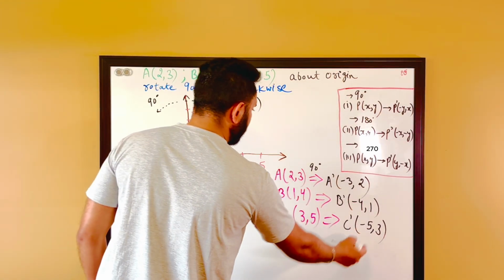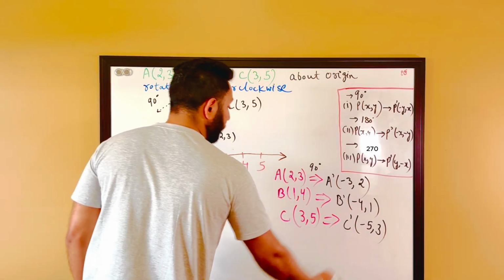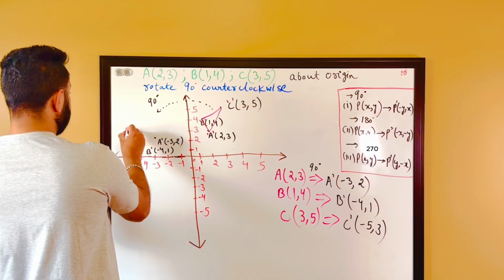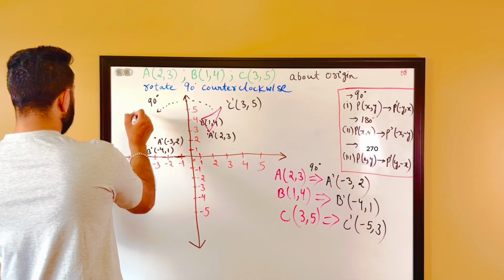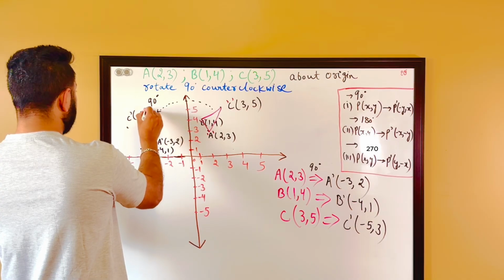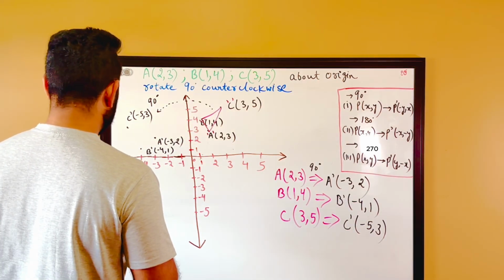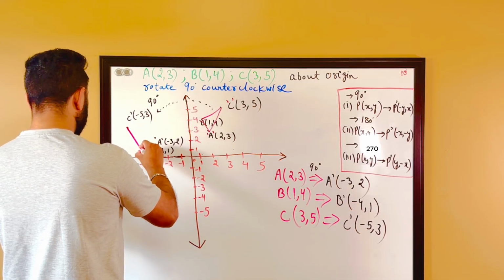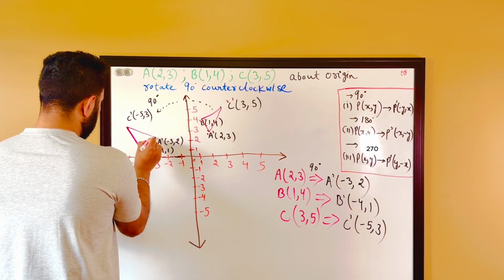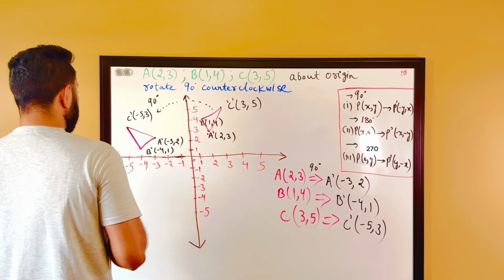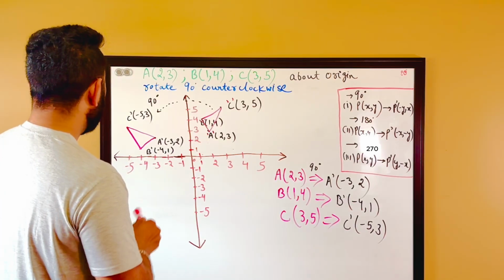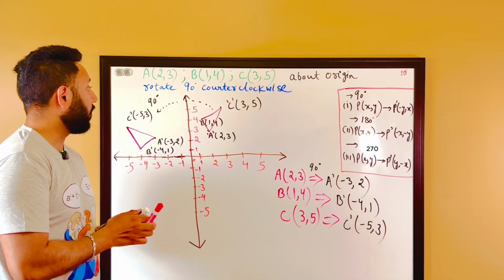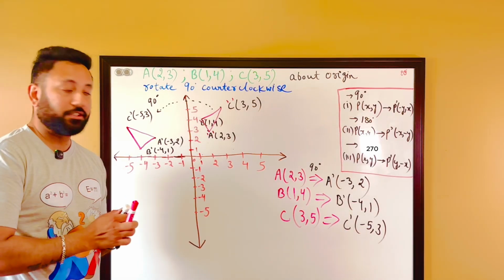And the C dash point is (-5, 3), so that means here. So now we're gonna join these points. So this is our solution after applying 90-degree counterclockwise rotation about an origin.